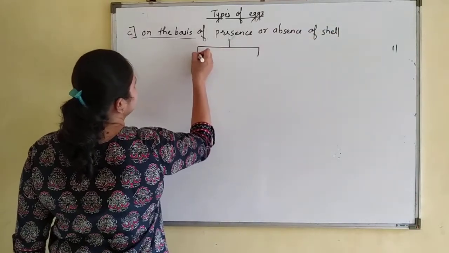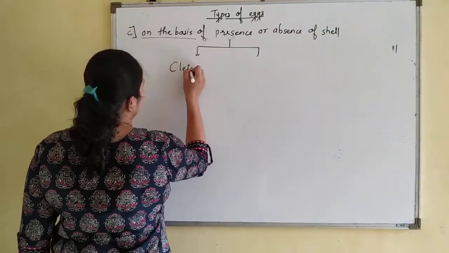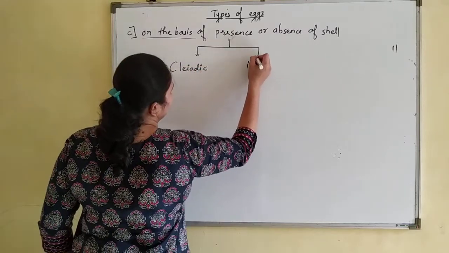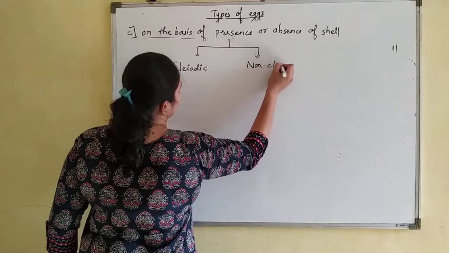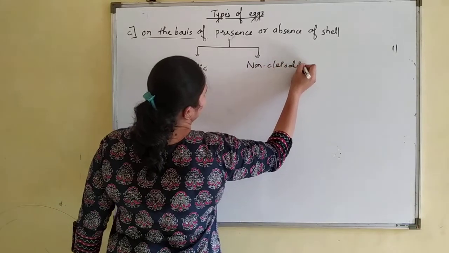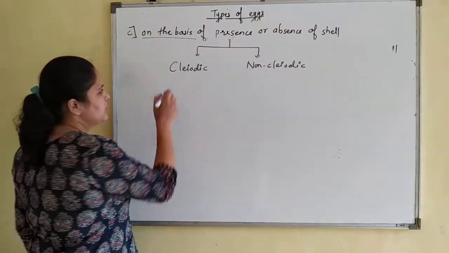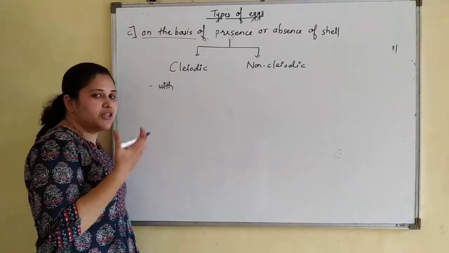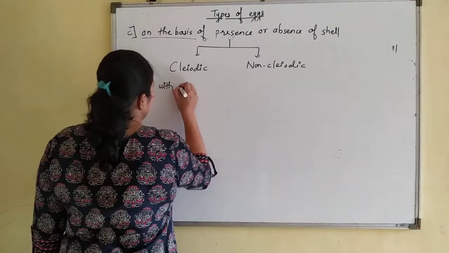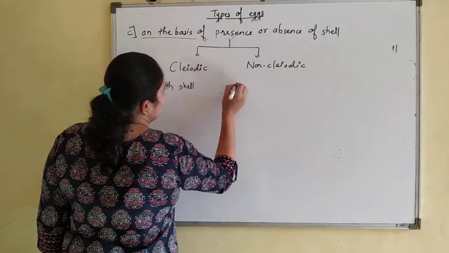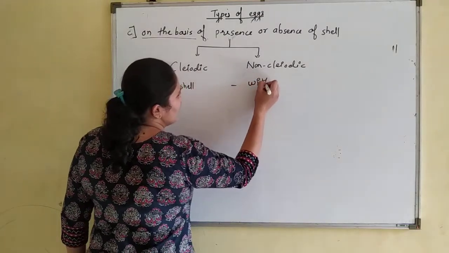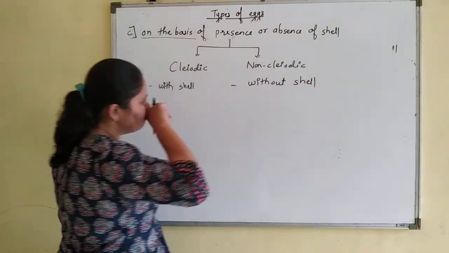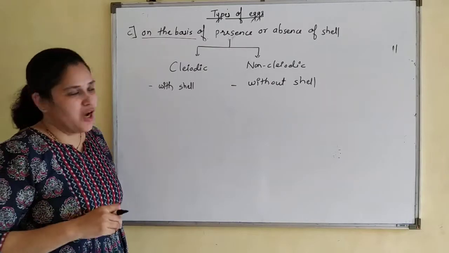Two types, cleidoic and non-cleidoic. Cleidoic eggs means with shell. These eggs are covered by a tertiary membrane, that is the shell. And non-cleidoic means eggs without shell.